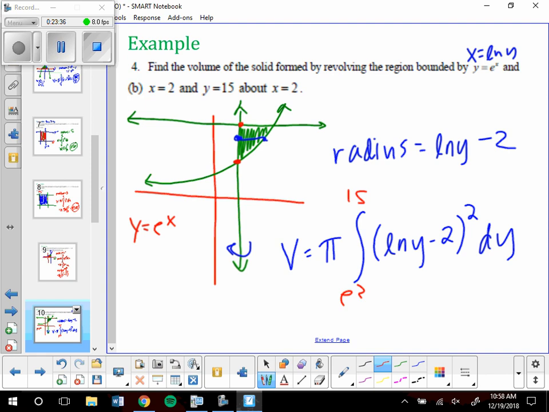We can also set natural log of y and 2 equal to each other, either way. Does that look fun to do by hand? No. I don't know if I know how to anti-differentiate that by hand. So we let our calculator do it.